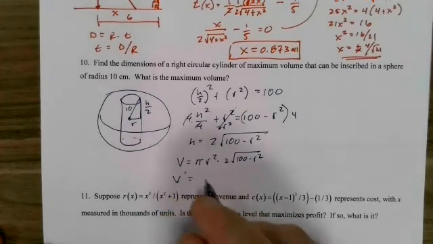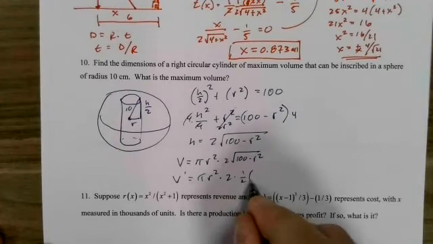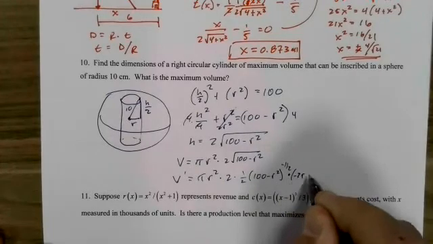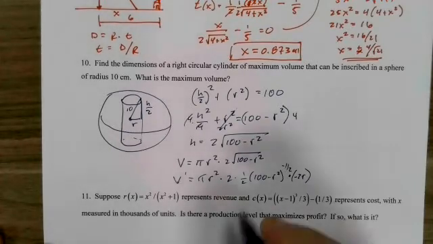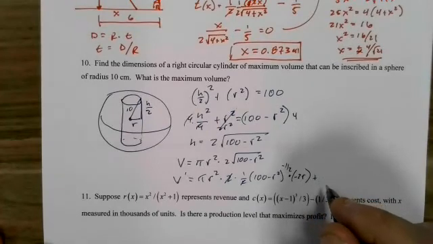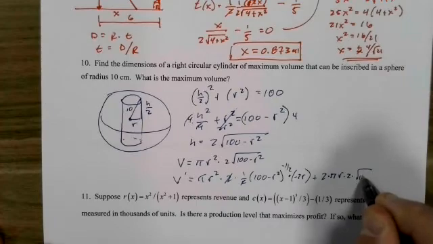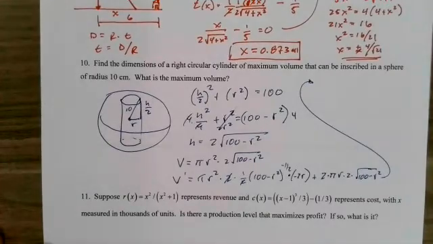V prime equals pi r squared times 2 times 1/2 100 minus r squared to the -1/2 times -2r, plus 2 times pi times r times 2 times root 100 minus r squared. Holy cow, this is a piece of work.